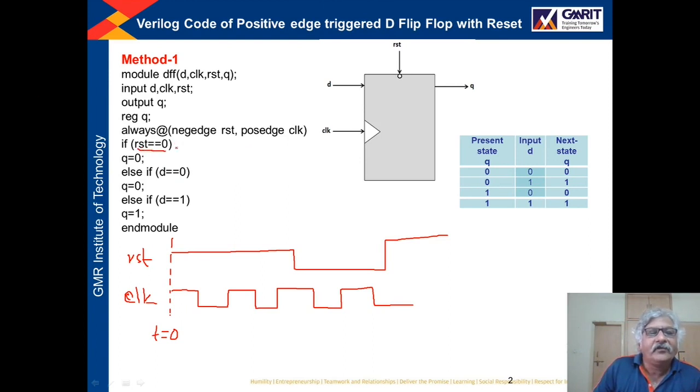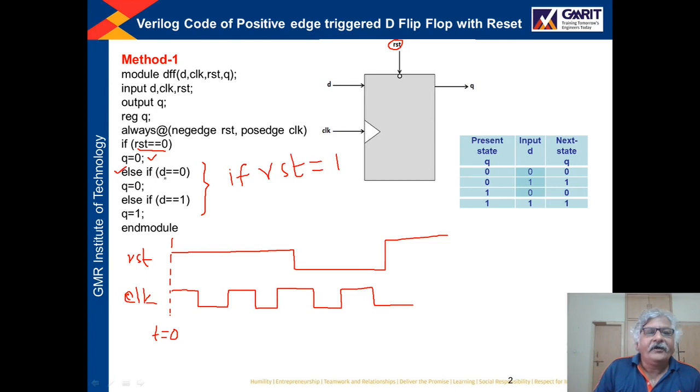If RST is equal to 0, if that is true, then 0 will be assigned to Q. We know that if this RST input is 0, then the flip-flop will reset, means Q will become 0. Else, if RST is not 0, means RST is equal to 1, now these conditions will be evaluated.